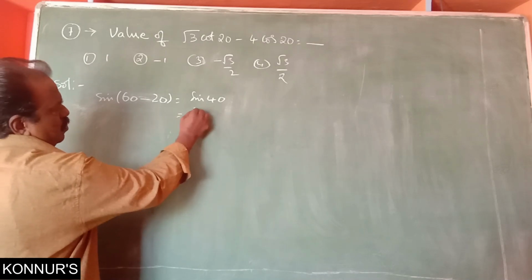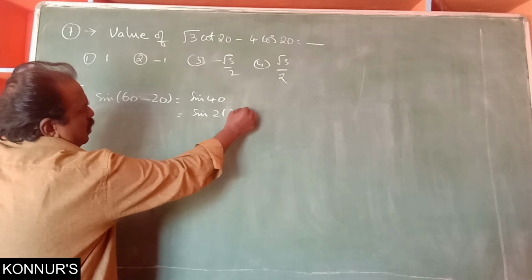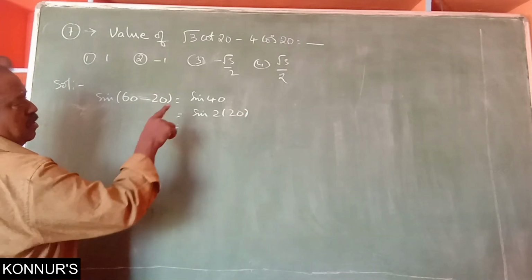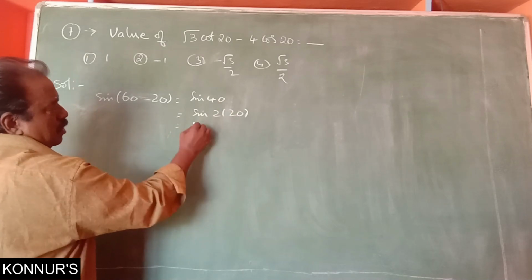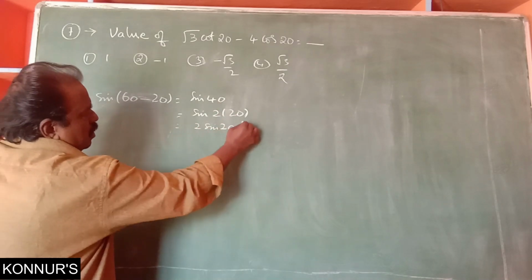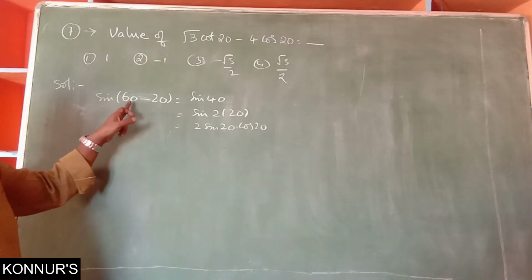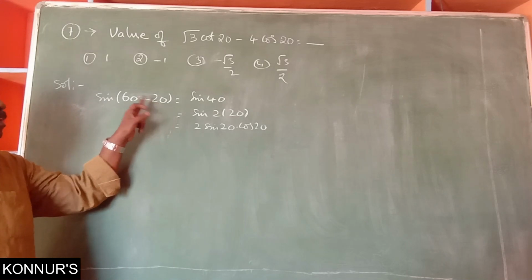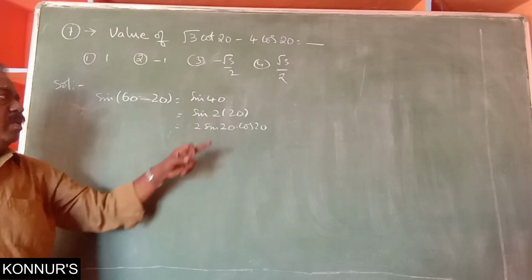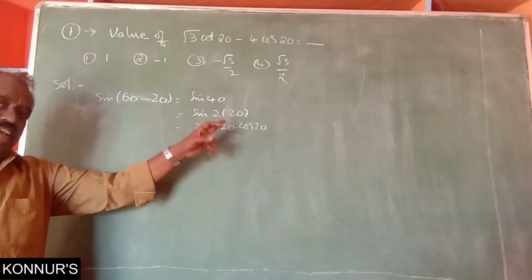Sin 40 means it is sin 2 into 20 degrees. That means it is sin 2a, 2 sin a cos a. Will you agree? Sin 60 minus 20 is nothing but sin 40, again written as 2 into 20. It is sin 2a, and sin 2a means 2 sin a cos a.